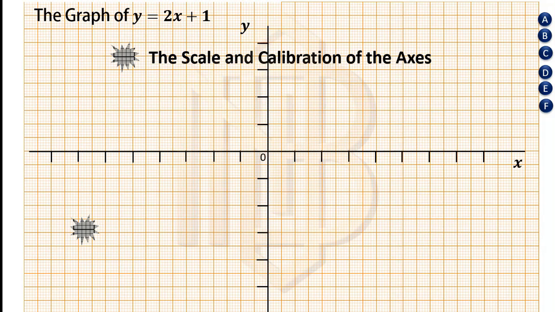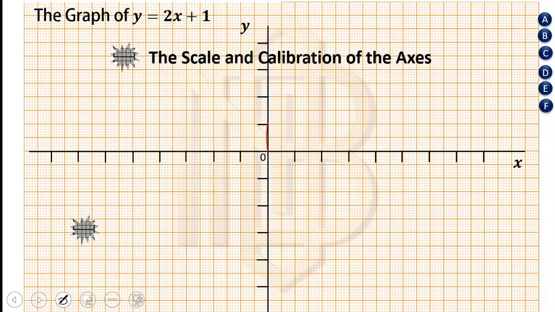Okay, so now when talking about the scale, for instance, if you use your ruler to measure from here to here, you discover that on your own graph, in your graph book, it's 2 centimeters.